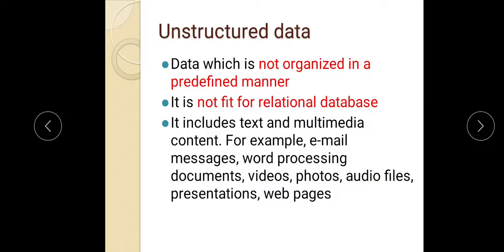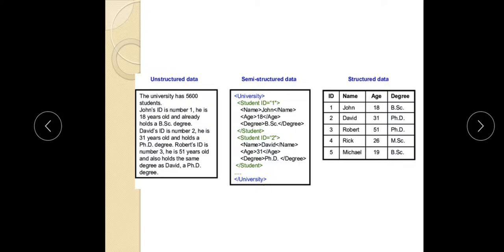So these three concepts can be made clearer with this figure. Please listen. This is structured data. As I have said, the data will be stored in the form of a relational database, which means tables. Here we are storing the student details: student ID, name, age, and degree.